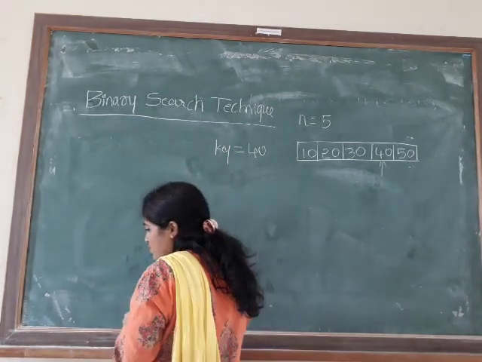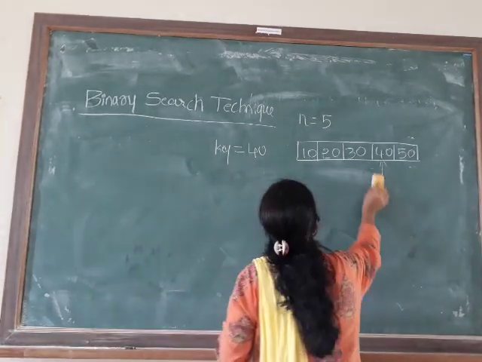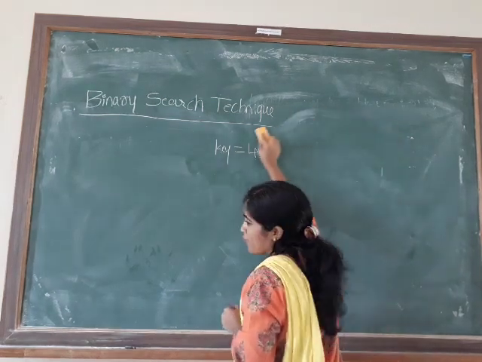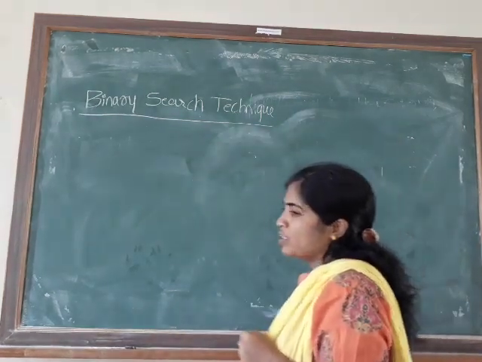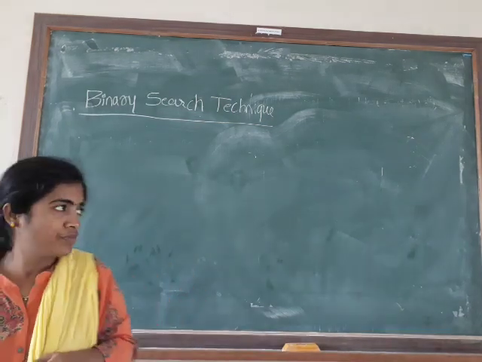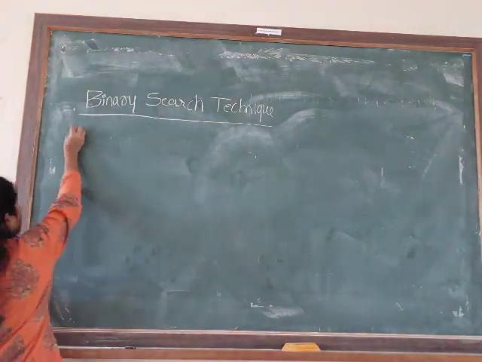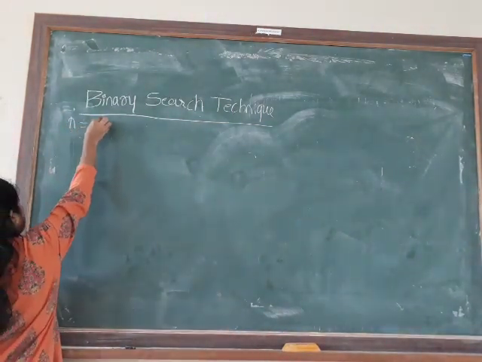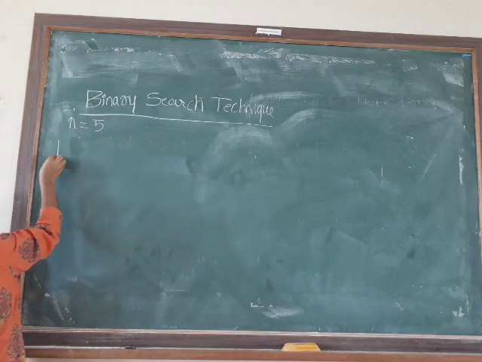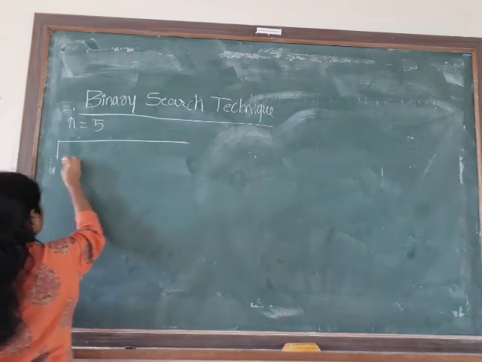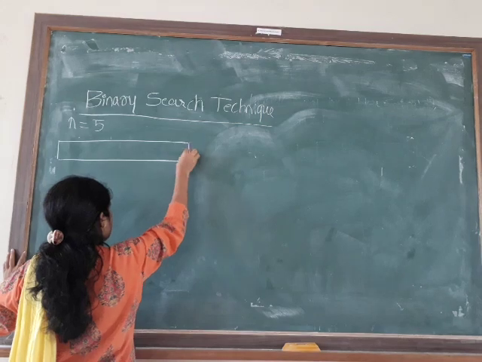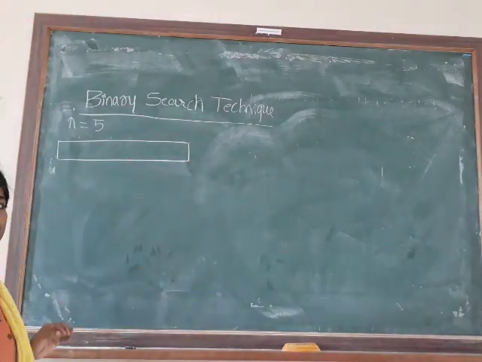So now with the same example, let me build the logic for this. Then what to do for this? I'll take n is equal to 5 as the size. So what is the first input which is needed for this technique? The size of the array.